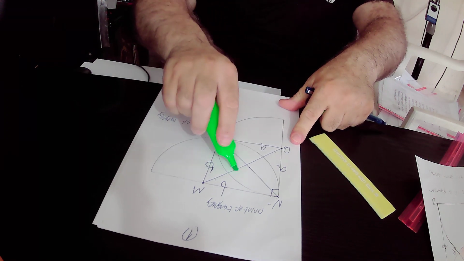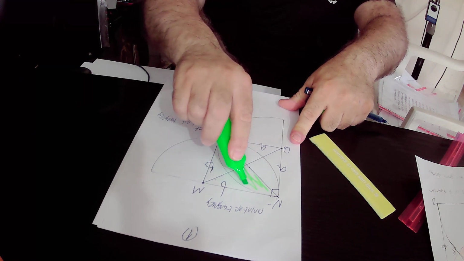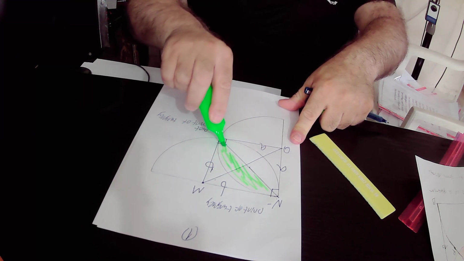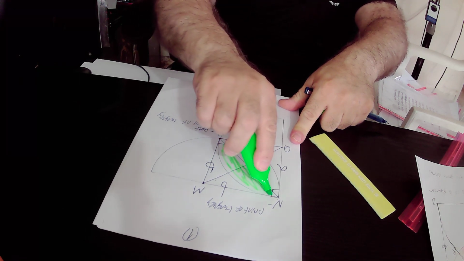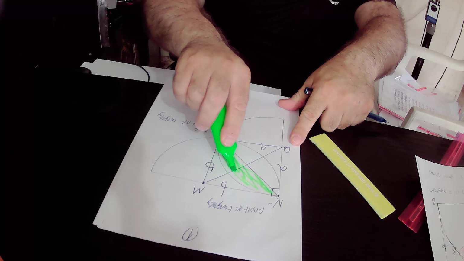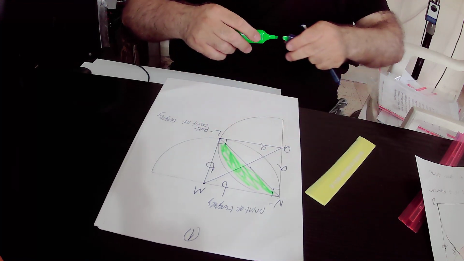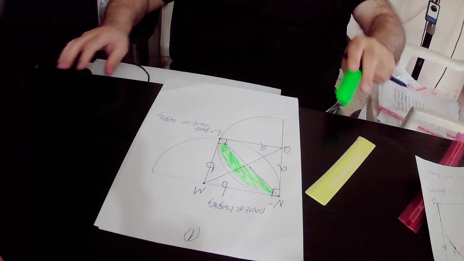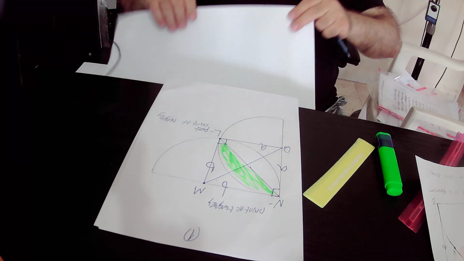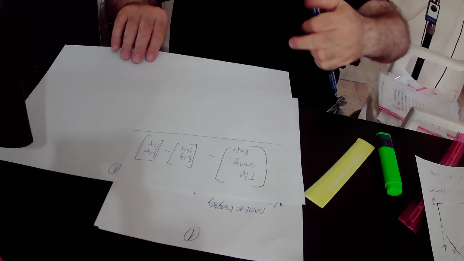So first of all, and this lens could be any lens. Okay? First of all, we'll find out the area of the upper circular segment NL.